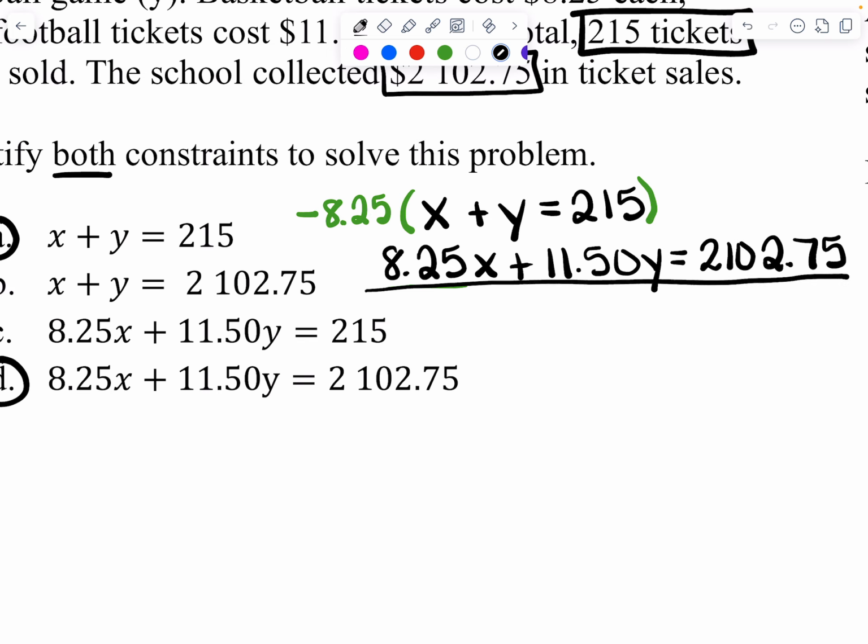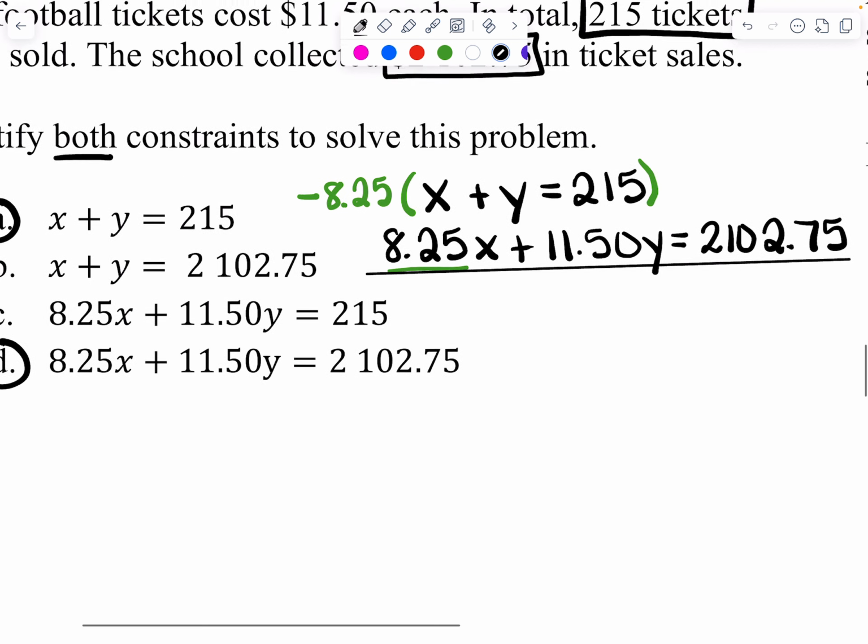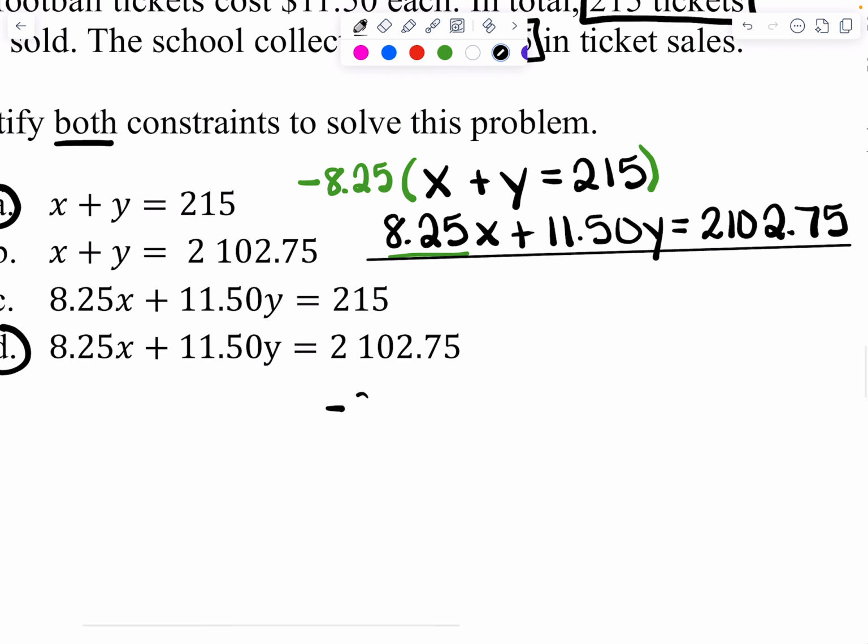Because I want to combine them, but I know that something has to be the inverse. So negative 8.25 times x is negative 8.25x. Negative 8.25y.